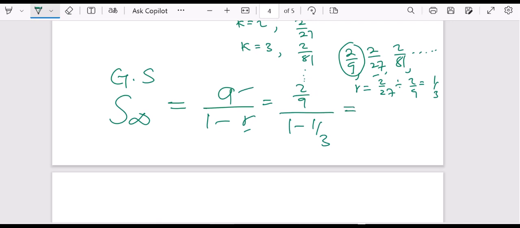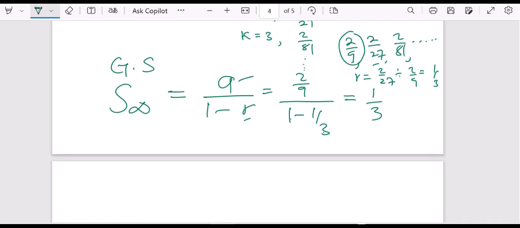Putting this in your calculator, you get 1 over 3. So that is the sum for the GP.